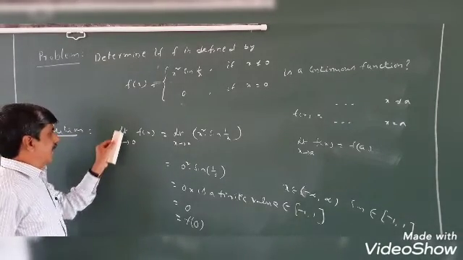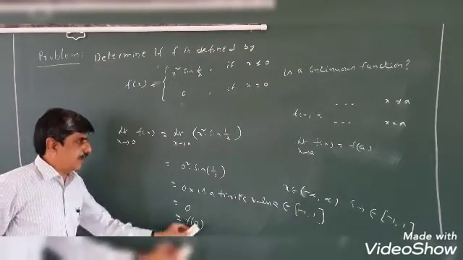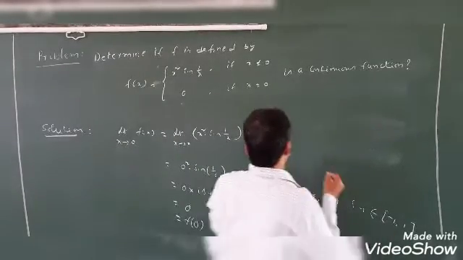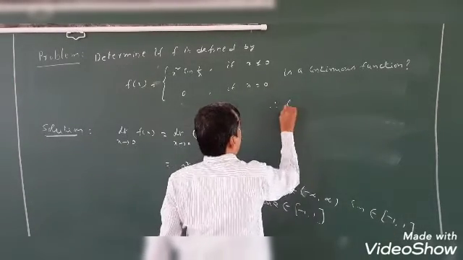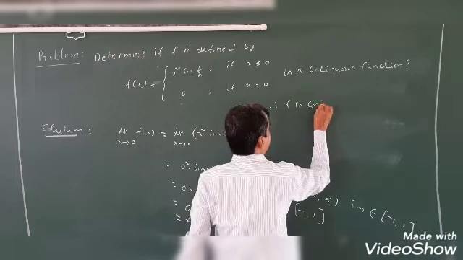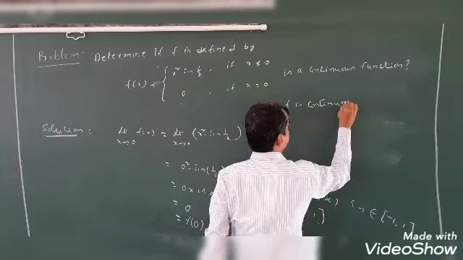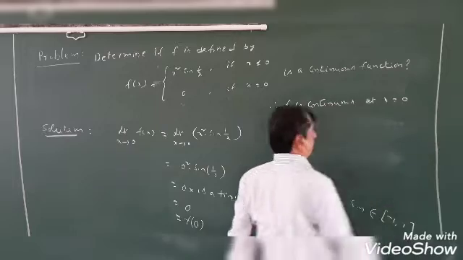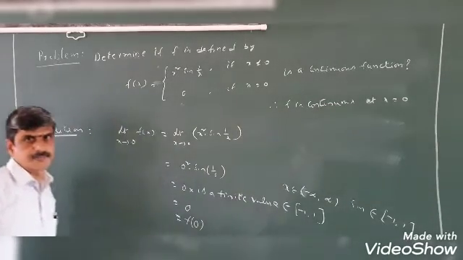Therefore, limit x tends to 0 f of x is equal to f of 0, so we conclude that f is continuous at x is equal to 0.